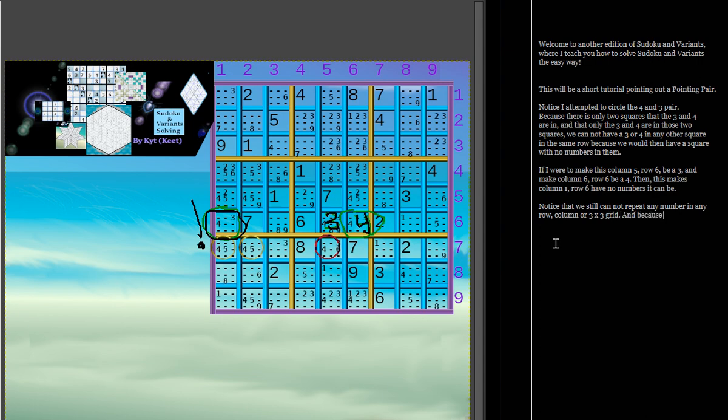And because we put a 3 in the wrong spot, this makes column 1 row 6 not have any valid numbers.